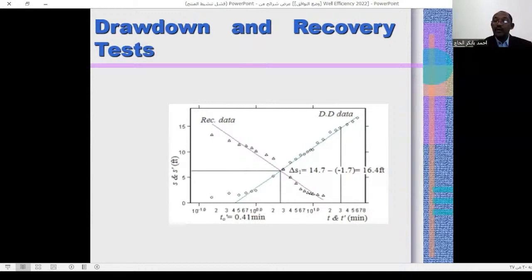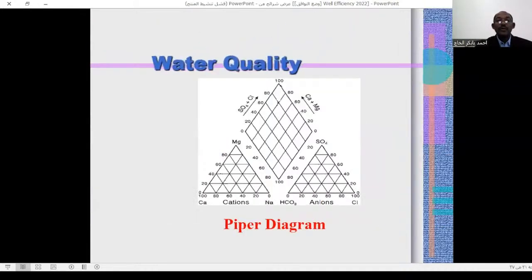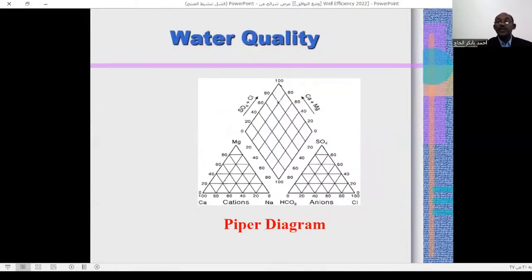When pumping one well, the drawdown data plotted on this side must be compared against the recovery data, which cross at this point. At this point, calculate delta S. This is the new method. Previously, I also needed to discuss water quality.